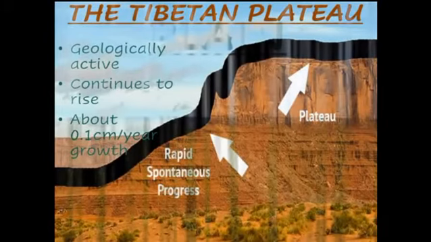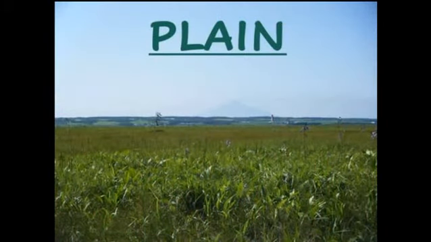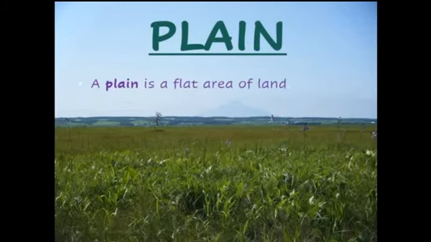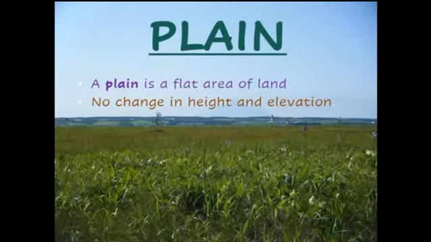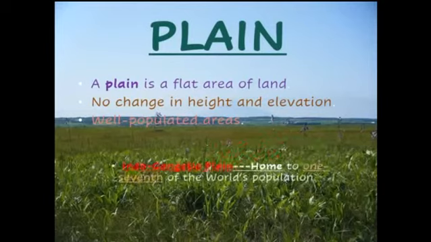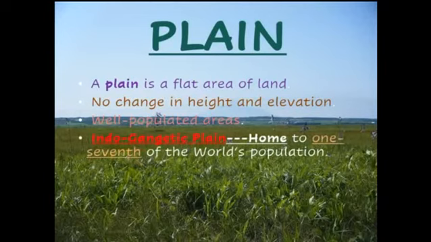The other landform is named plain. A plain is an extensive, nearly leveled stretch of land. It does not rise from anywhere. It doesn't have any change in its height or elevation, and these plain areas are the most populous areas in the world. The famous Indo-Gangetic plain provides shelter to 1/7 of the world's whole population.